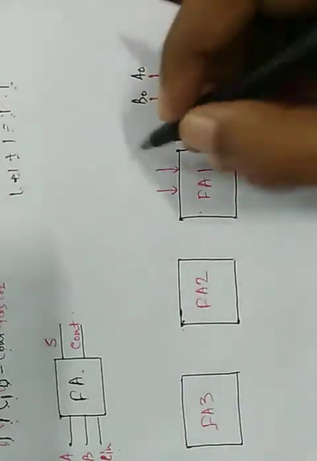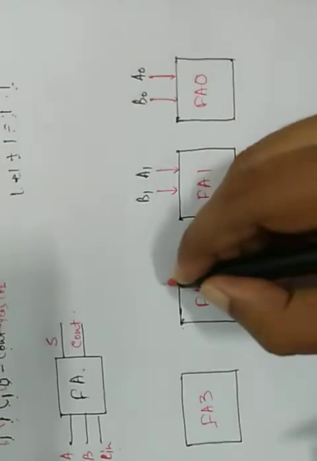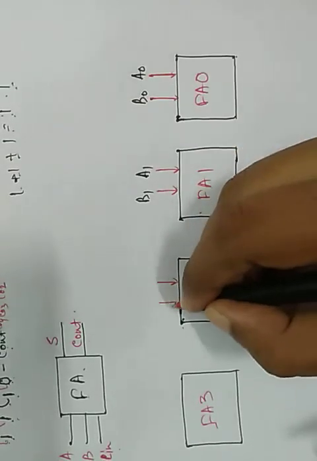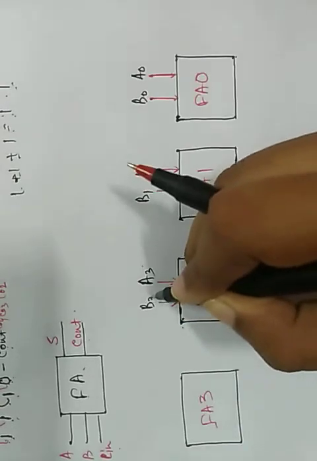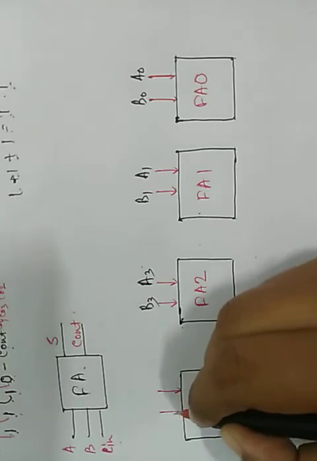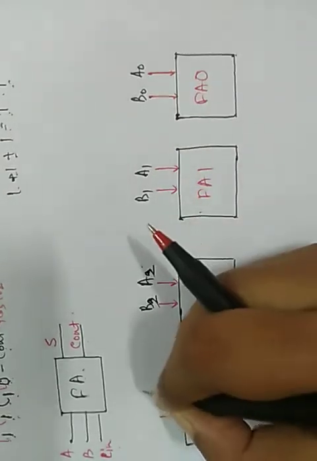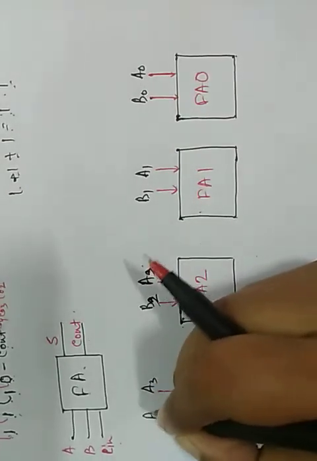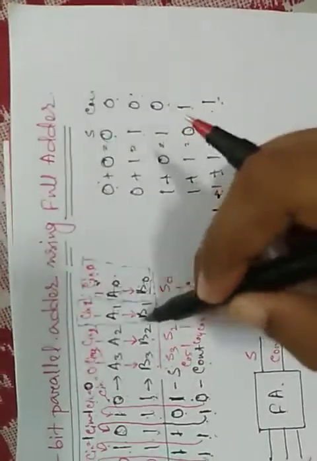This 2 is A1, B1. A3, B3. Drawing is very easy. Just you have to, A2, B2. A3, B3. Okay, so this 3 is already done.